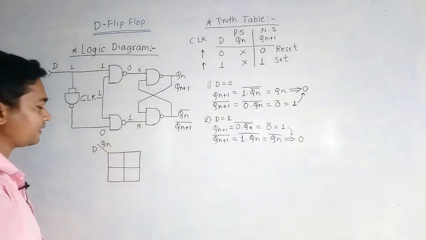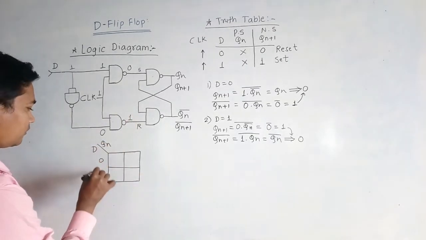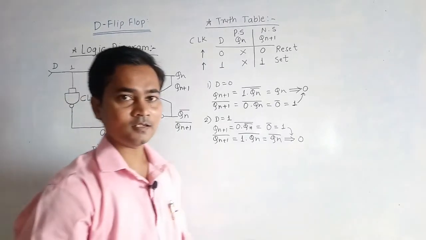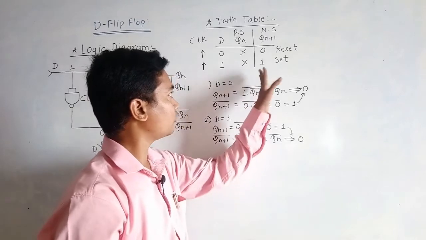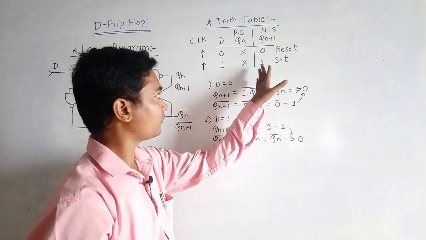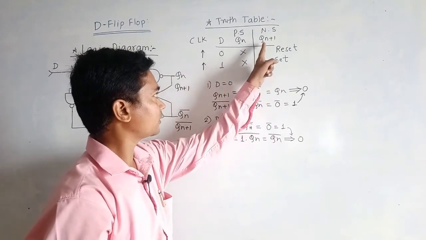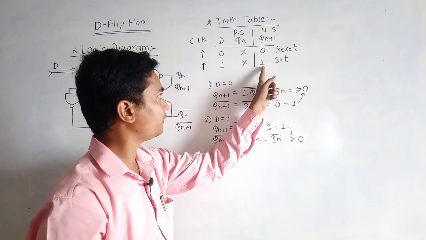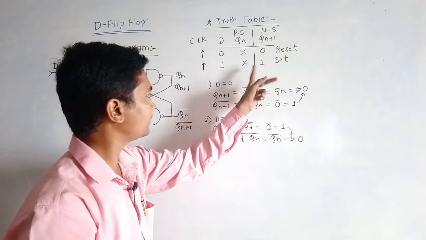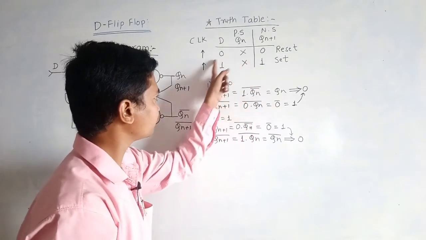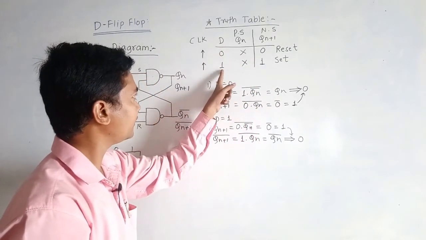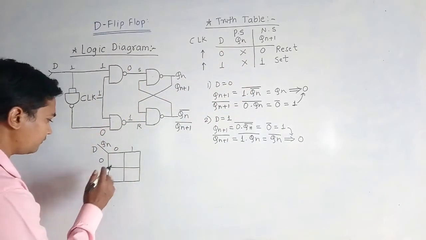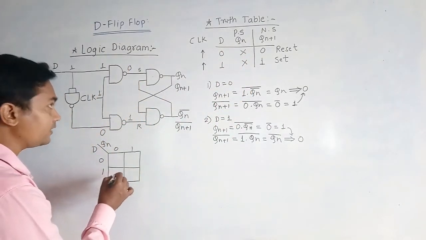So Qn is the present state, 0 1 0 1. Now our interest is for which output, that means for which combination the Qn plus 1 has been 1. Okay, so here the Qn plus 1 has been 1. So just consider this input combination. Okay, so when D equal to 1 and Qn is don't care.